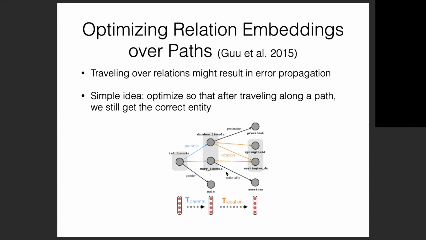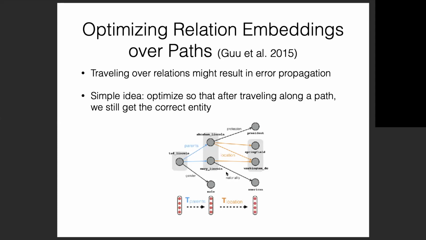To give an example here, we have a question about where Tad Lincoln's parents were located. And so what you do is you follow the parent relation, and then you follow the location relation. And you explicitly optimize the model so that after following this path, you get the correct answer, like Springfield, for example.